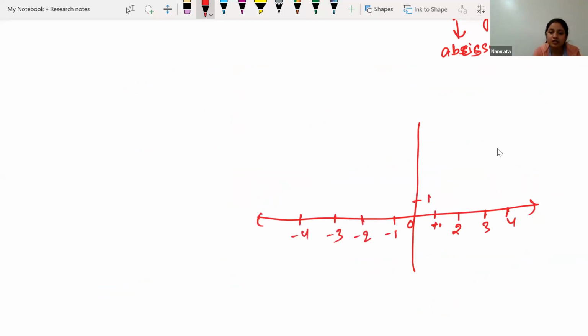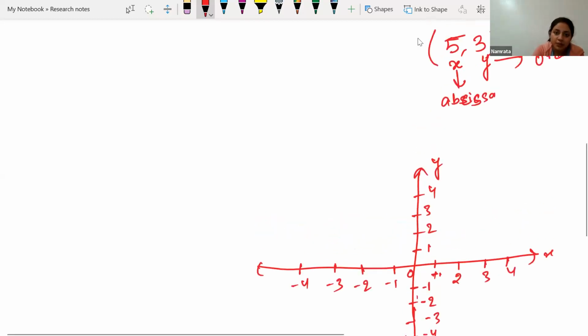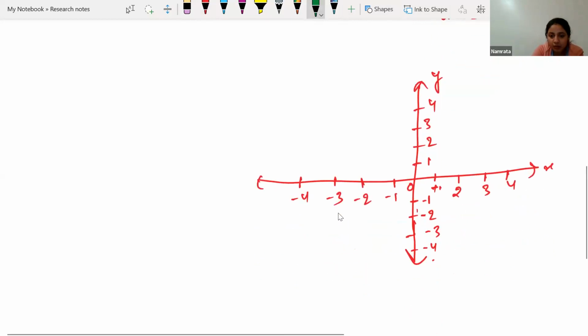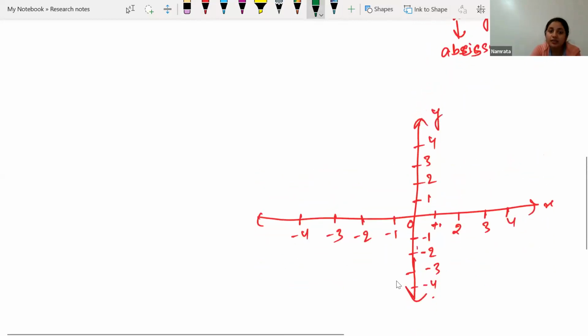Here we are having 1, 2, 3, 4 on the y-axis, this is the x-axis. Here we are having negative 1, negative 2, negative 3, negative 4. Then there are points A, B, C, P, Q, represented like this. Then we need to write the coordinate of those points.